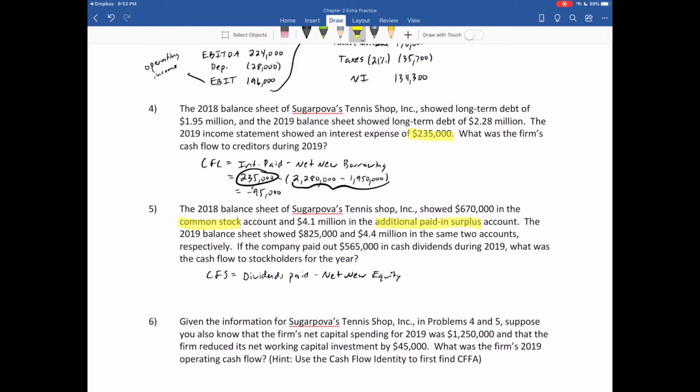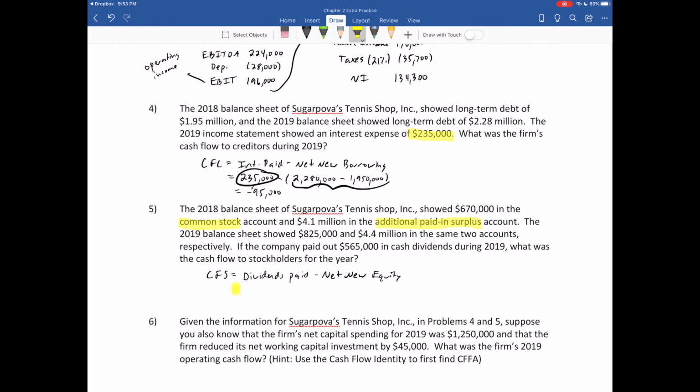They do this to avoid any liabilities to the stockholders if the stock price were to go down. So that additional paid in surplus is what an investor pays above the par value for the stock, and it's only applicable when investors purchase stocks directly from the company. So it doesn't happen out on the secondary market. That's not something that affects the additional paid in surplus account.